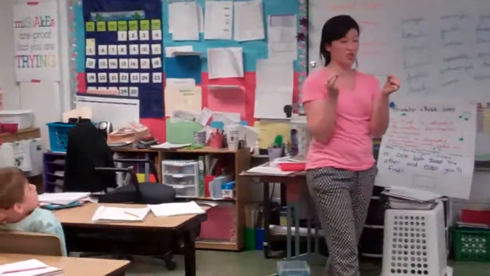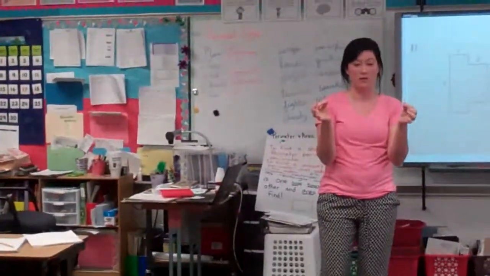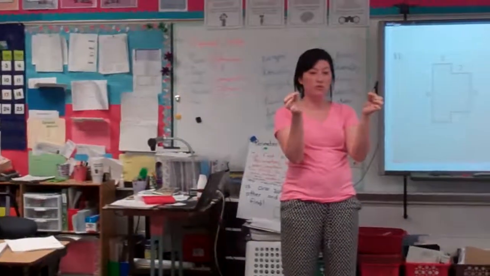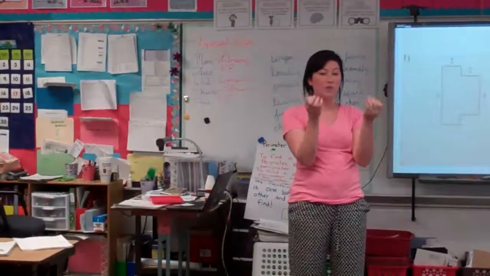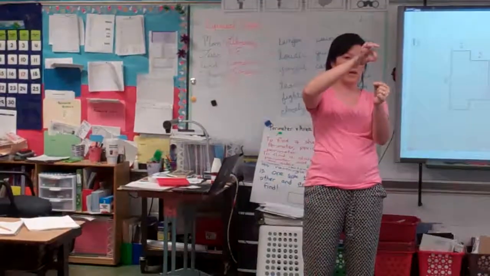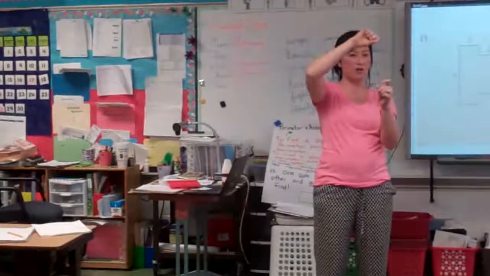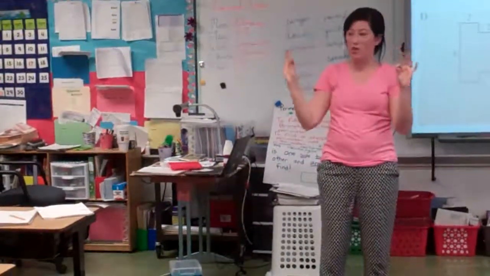It would work better if this was a string and not a stretchy rubber band. Then I measure it with a ruler. That's the perimeter. That's why I would add one side, plus the other side, plus the other side, plus the other side, because it's all one big long string.